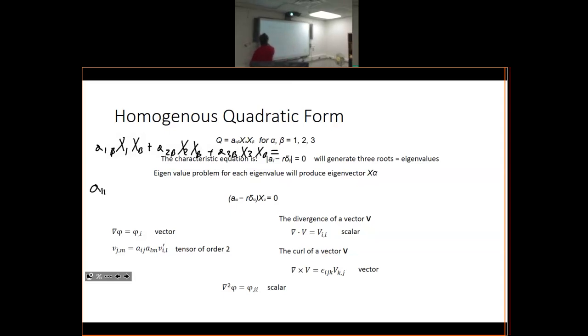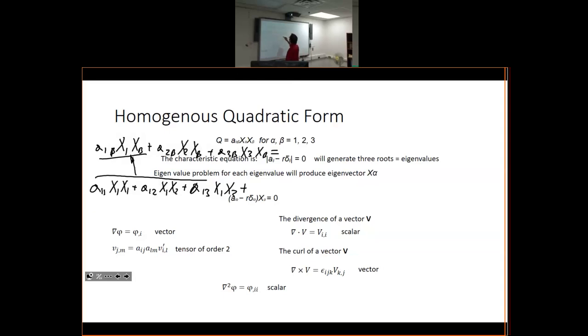So a11 x1 x1 plus a12 x1 x2 plus a13 x1 x3. All these three terms are coming from one term here. Okay, this is how you expand.